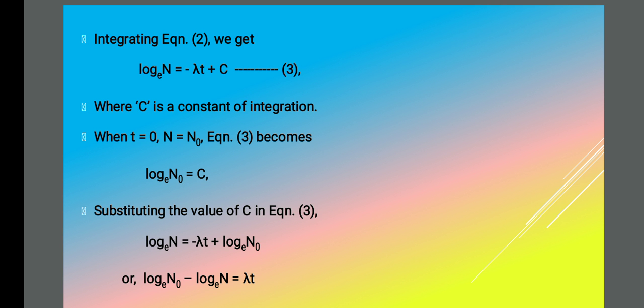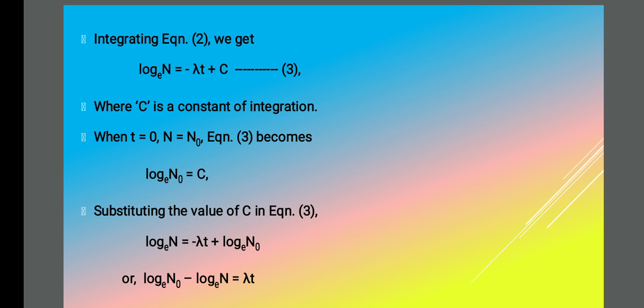Is it okay? Now you bring all the logs to one side. You write log N0 by N, and log e of N0 by N will be equal to lambda t. We can convert log e to log 10 by multiplying by 2.303.